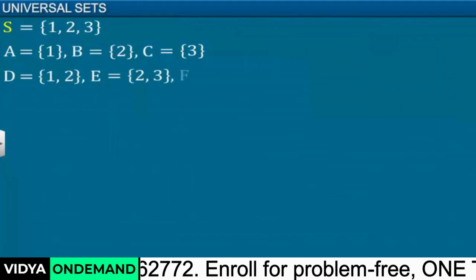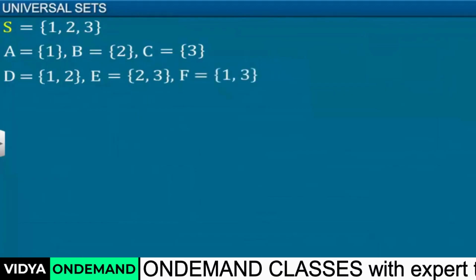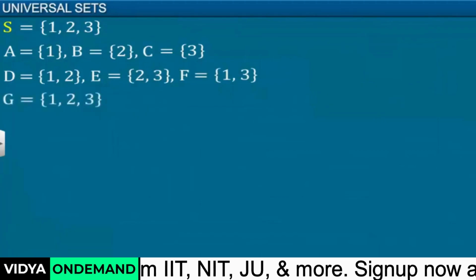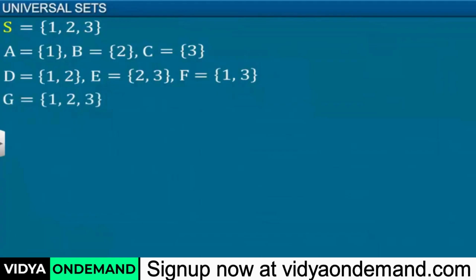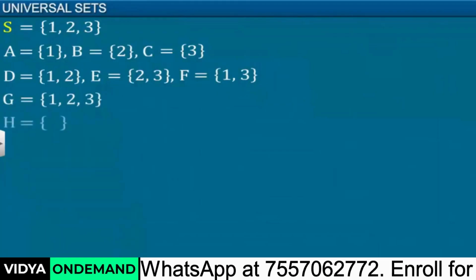Taking three elements at a time, we get this set. Taking 0 elements at a time, we get a null set. All these sets are the subsets of set S.